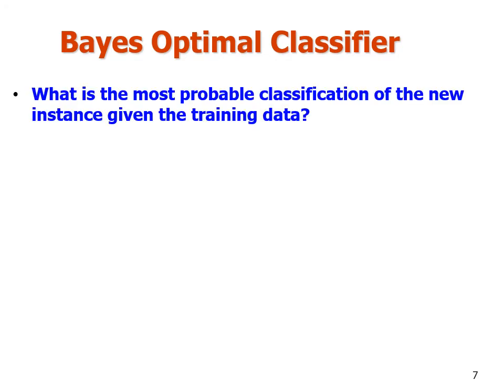In fact, the question that is often of most significance is the closely related question: what is the most probable classification of the new instance given the training data? Please listen carefully. To find the most probable hypothesis, let us recall what we did.